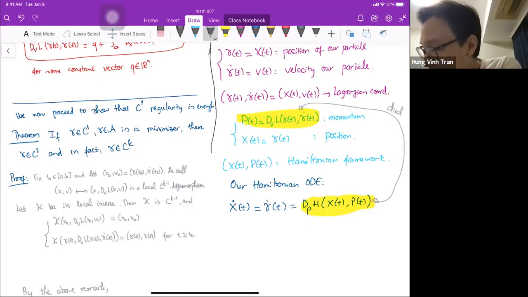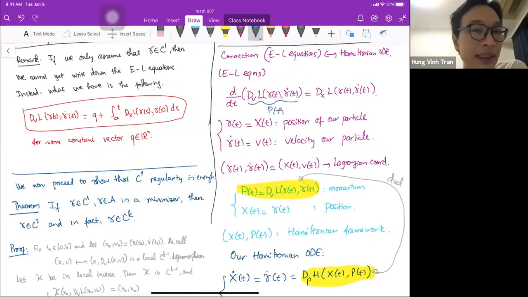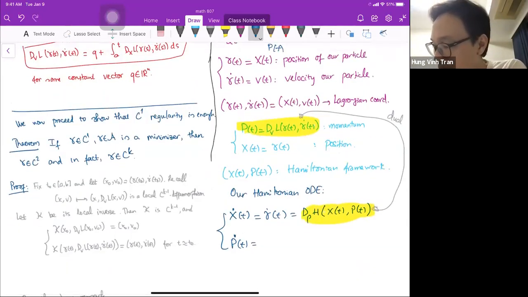Second of all, you have p dot t, as you had earlier. p dot t is d over dt of pt, and this is given to us by the Euler-Lagrange equation: dx of L of gamma gamma dot.